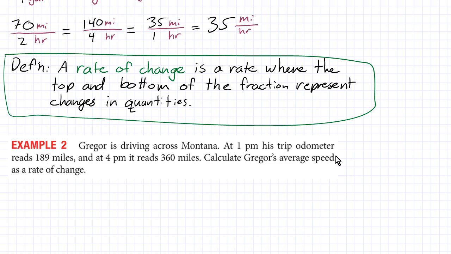Okay, so what we want to find is the rate where we look at the fraction that results from the change in distance divided by a change in time. Just like before, distance divided by time gives you an average speed.